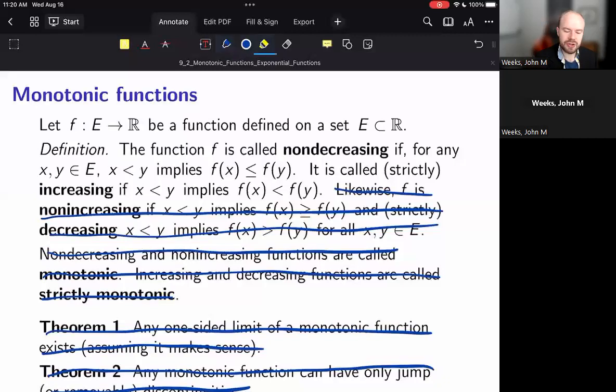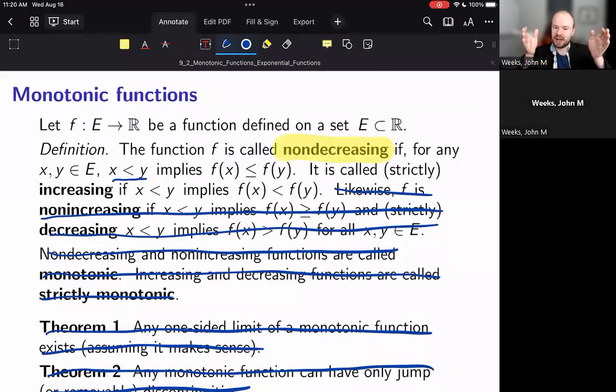So just to make sure that we're clear on these, as there is some ambiguity on these definitions depending on what textbook you're looking at, we're going to say that a function is non-decreasing if whenever you have 2 points inside of your domain, then increasing your x value does not decrease your y value.